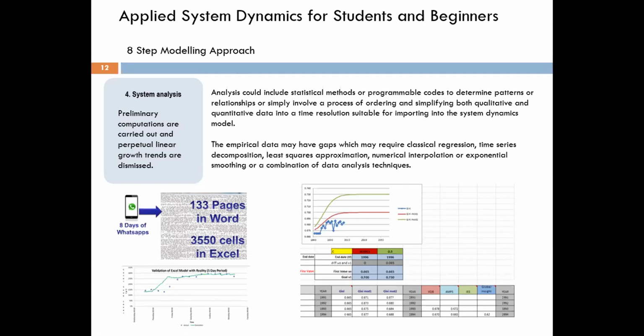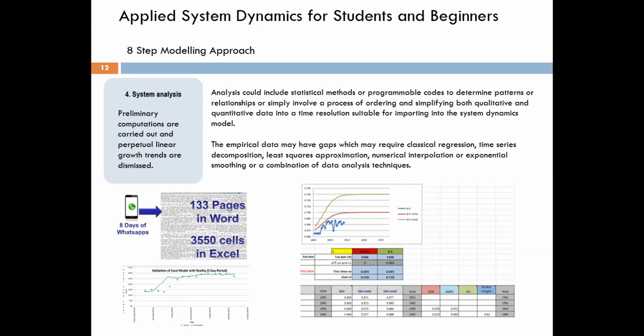We then require things like exponential smoothing or numerical interpolation or classical regression or any of the data analysis techniques that will help us to try and get our data in a form that would be easier to input into the model. And of course, the analysis could be any method, but it is an important step before you get to model development.